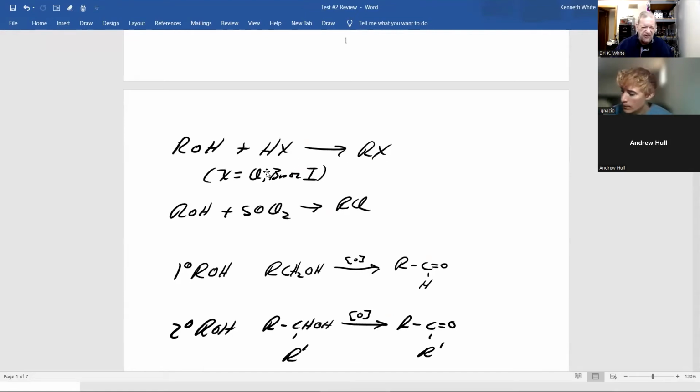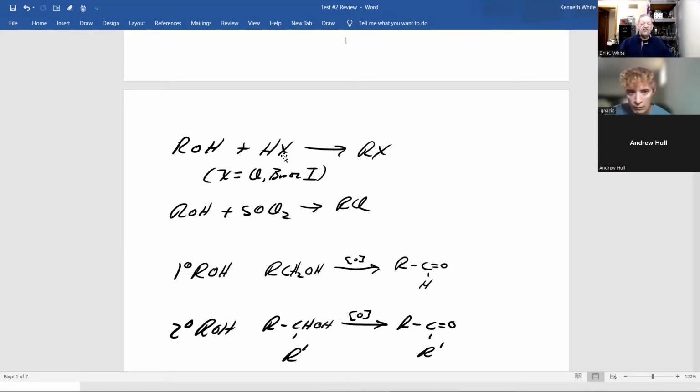Another reaction you should know, if you take an alcohol, carbon with a hydroxyl group, reacted with an acid HX, where X can be chlorine, bromine, or iodine, you replace the hydroxyl group on the carbon that has the hydroxyl group with the halogen from HX.